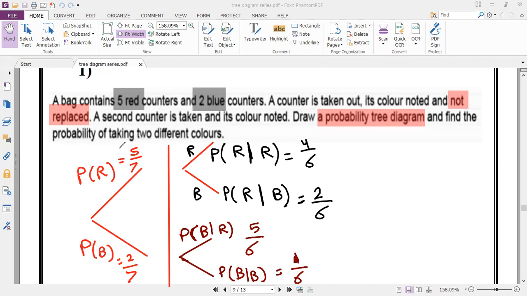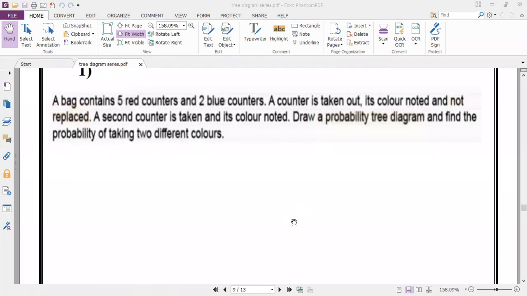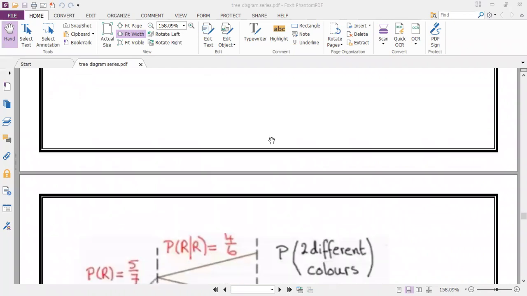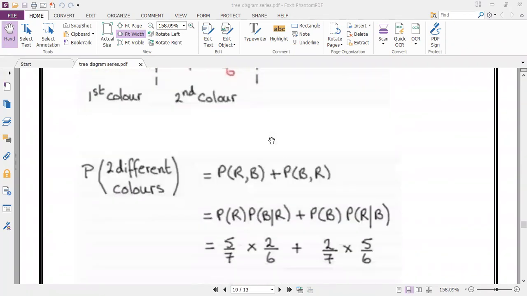I want to find the probability of taking 2 different colors. So 2 different colors means red and blue, or blue and red. They are 2 different colors. So raise your hand if you know the answer. Mustafa. Equals what, Mustafa?